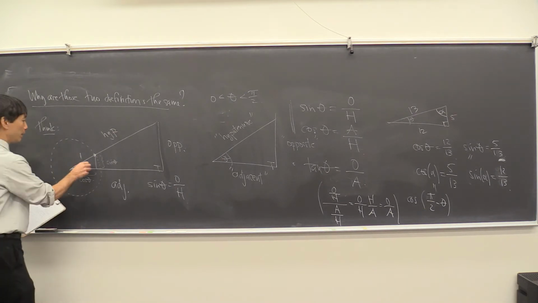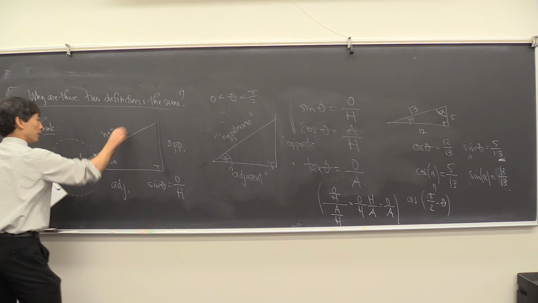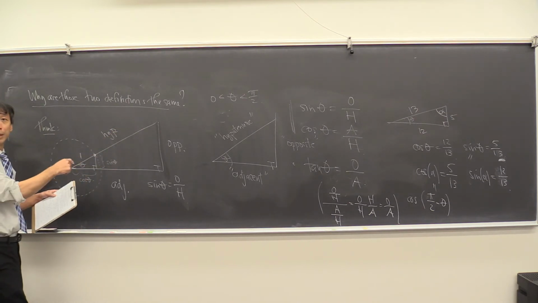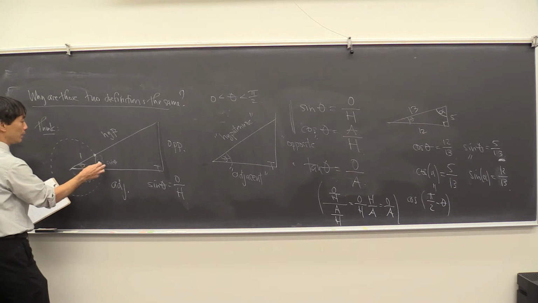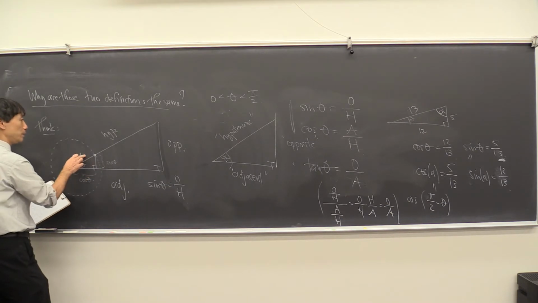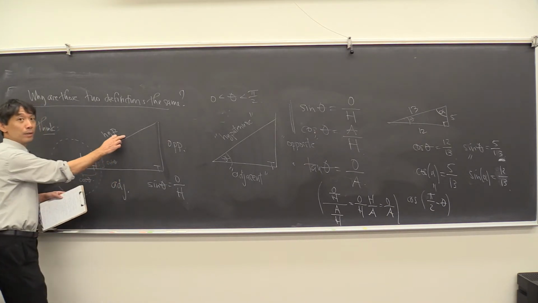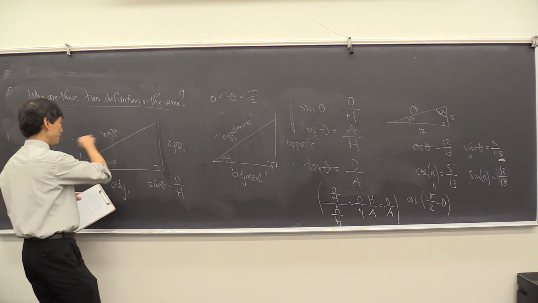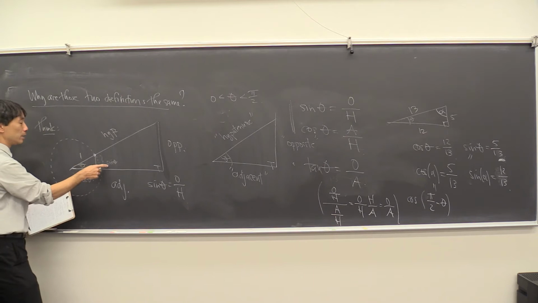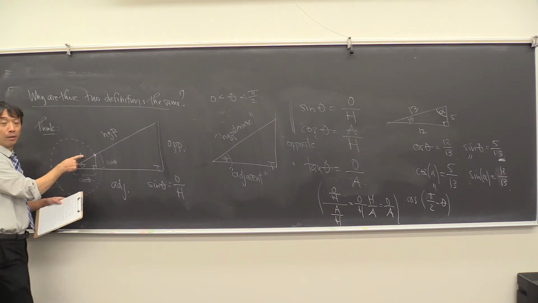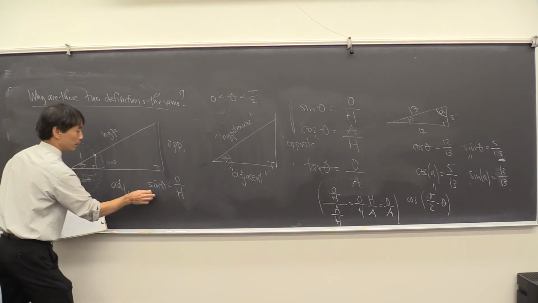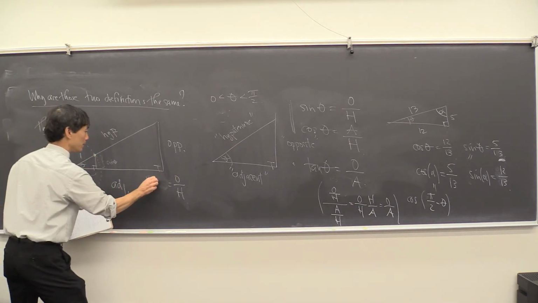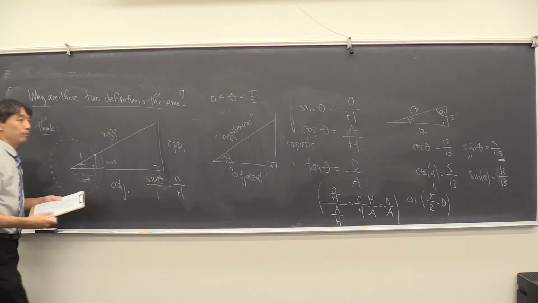This triangle here and this triangle here are similar, so the ratios of side lengths are the same. So this ratio, opposite to hypotenuse, is the same thing as sine of theta over 1.